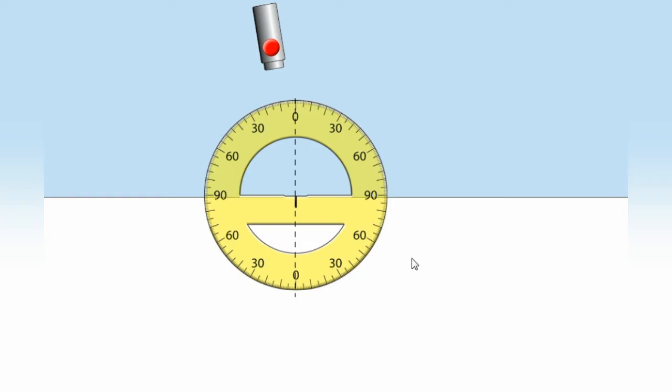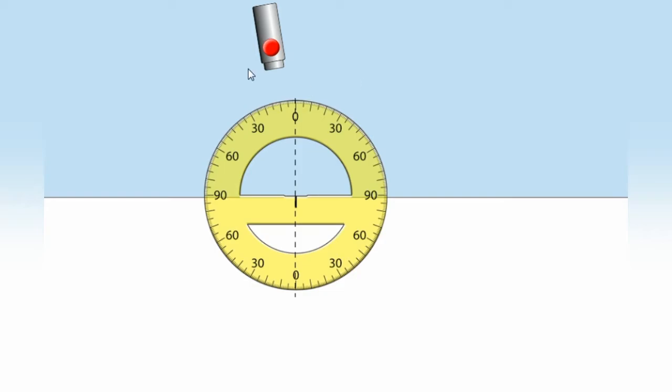Now we want to see another phenomenon of light, which is called total internal reflection. The name itself indicates that it is a reflection. Reflection means when a ray of light is incident on any surface, the ray comes back to the same medium.